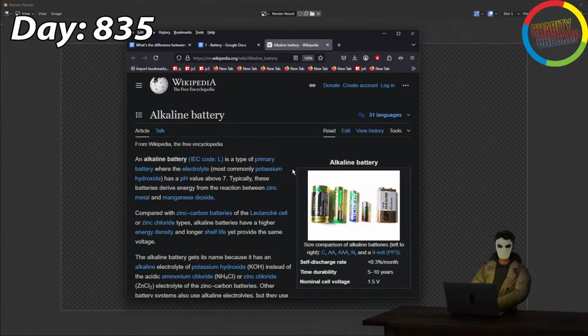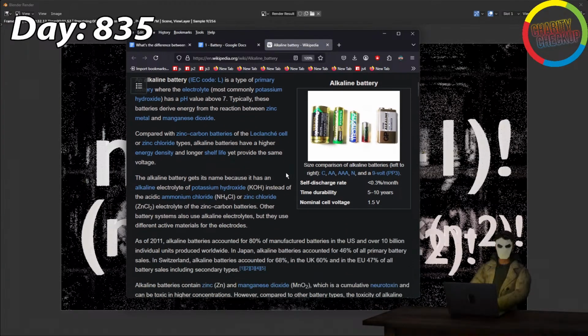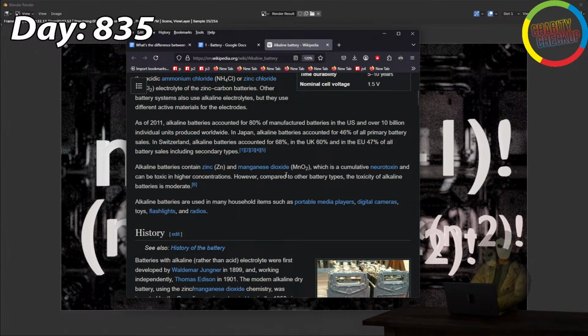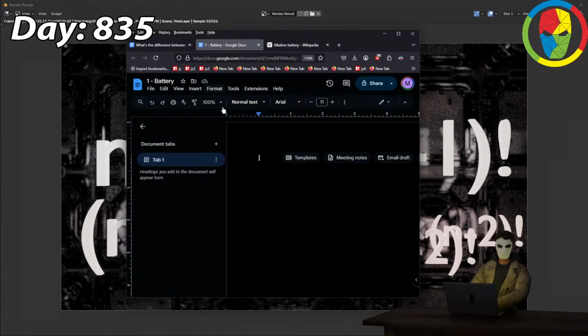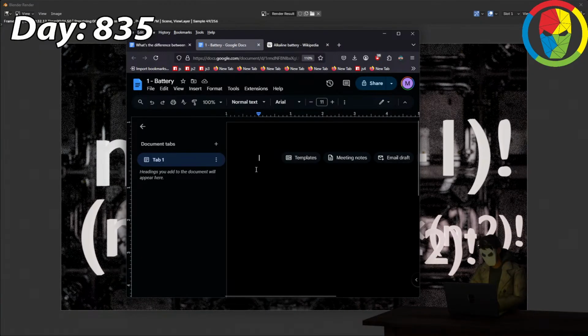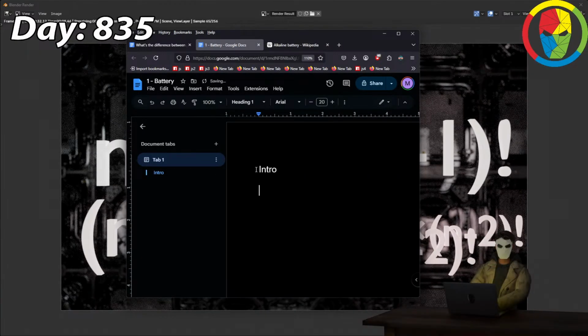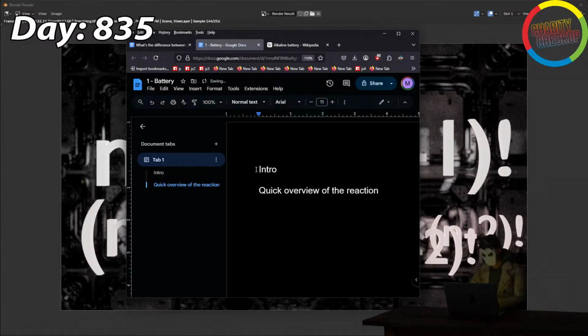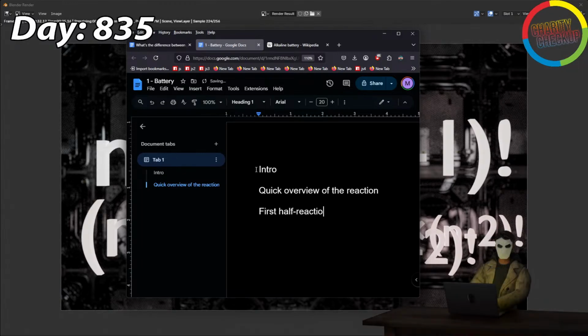Alkaline battery, that's what I wanted to explain. So, alkaline battery. First we're gonna have the intro as always. Then a basic quick overview of the reaction. Then the next one will be the first half reaction.